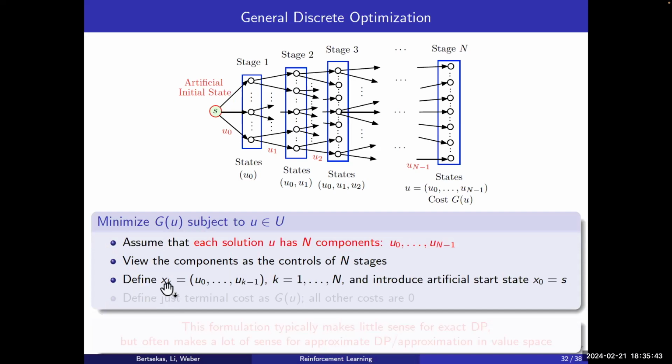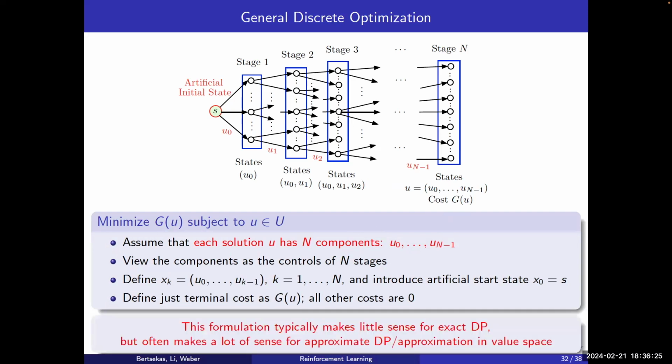So the state at stage k would be the partial solution constructed in the previous stages. You're familiar with this picture because you have been dealing with the traveling salesman problem in your homework. There are no costs in the intermediate stages until at the very end of the horizon, we have a cost g of u, which would be viewed as terminal cost in the context of optimal control.